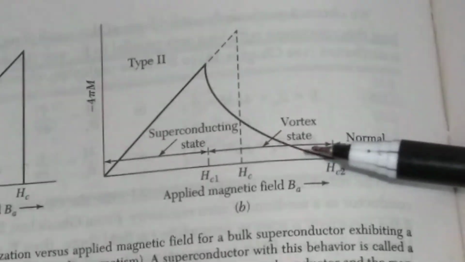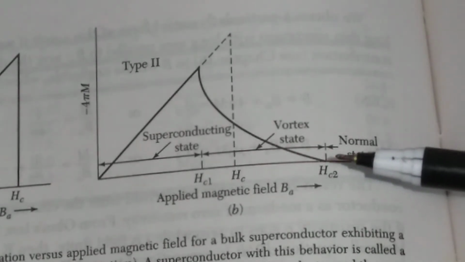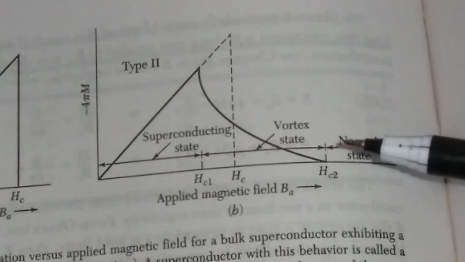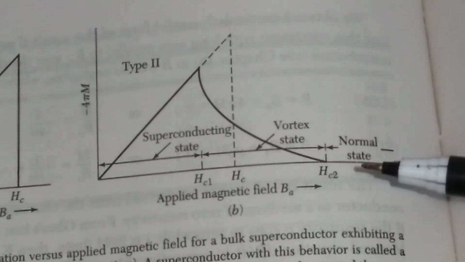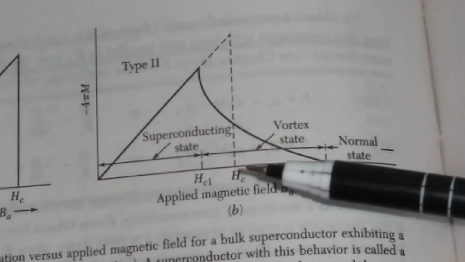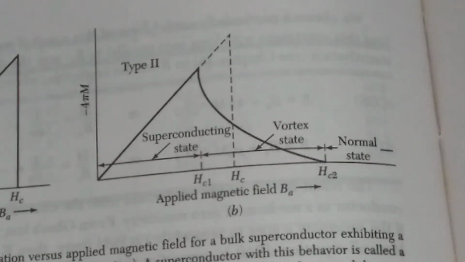Above Hc2 the specimen is a normal conductor. The value of Hc2 may be 100 times or more than the value of the critical field Hc.